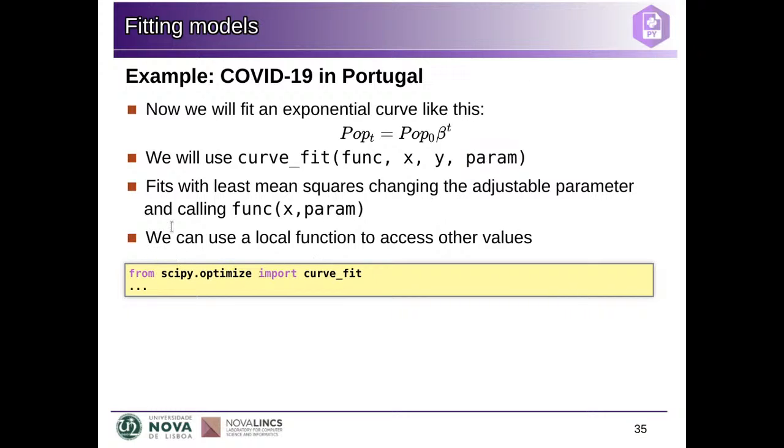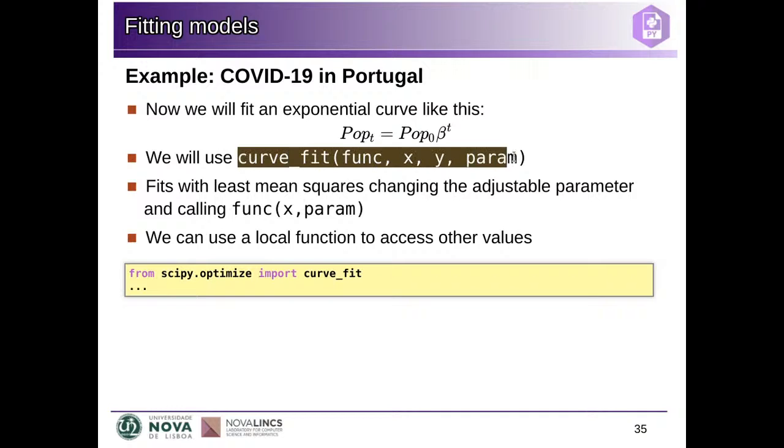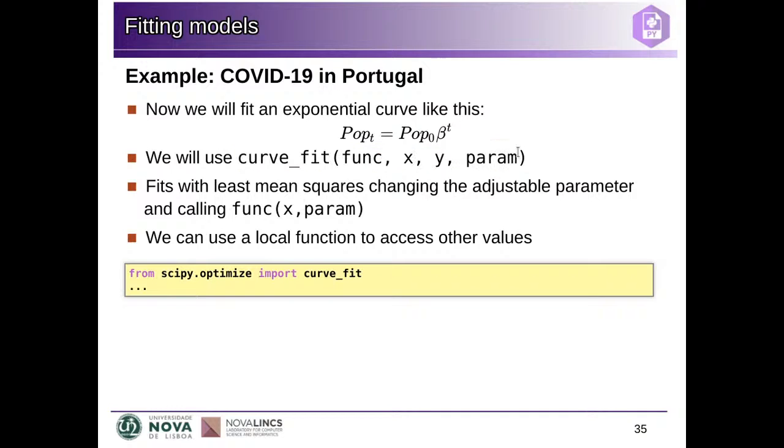So now we can create a local function, because since this curve fit function does not give us the possibility of sending additional values to our function, we have a difficulty in accessing this initial population parameter here.